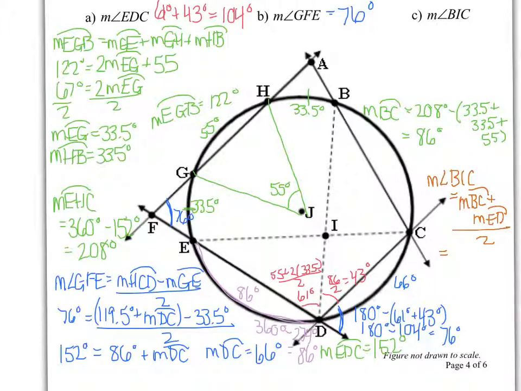Well, measure of arc BC is 86 degrees. The measure of arc ED is 86 degrees, all divided by 2. So 172 degrees divided by 2 is 86 degrees, meaning this angle is 86 degrees. And measure of angle BIC is 86 degrees.